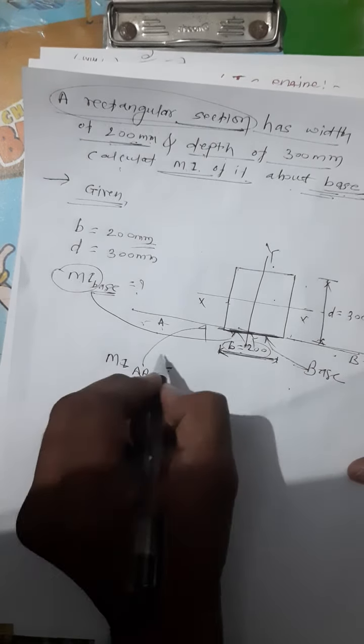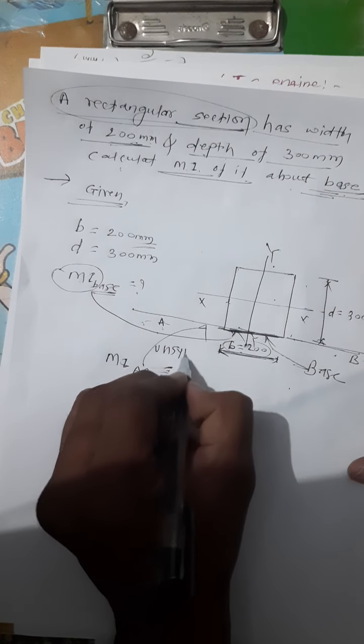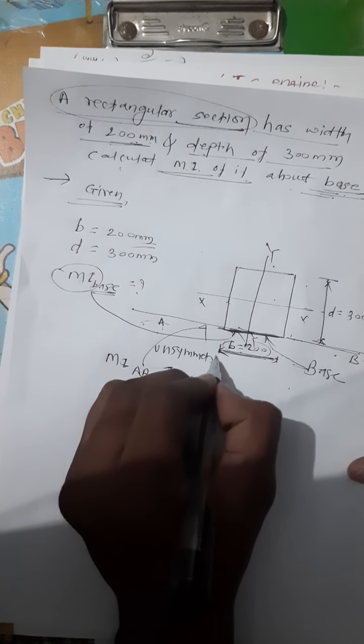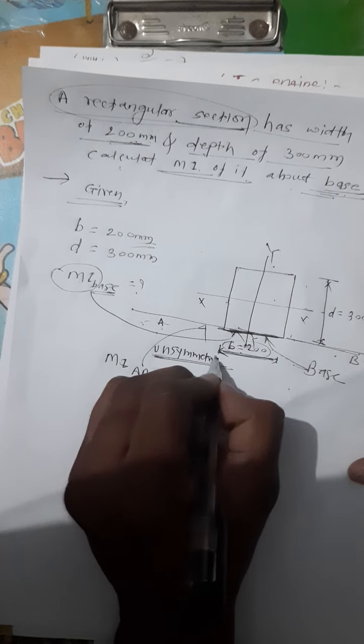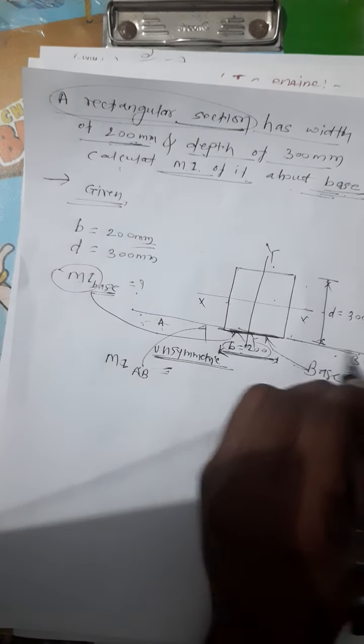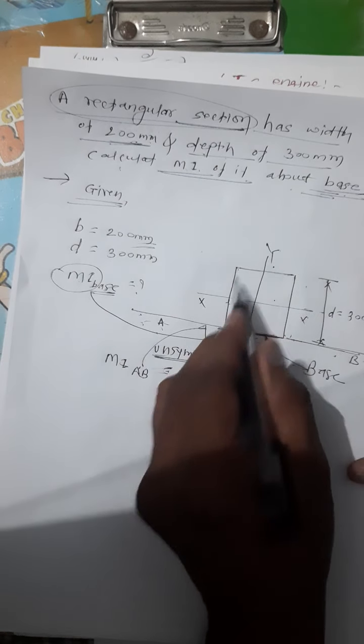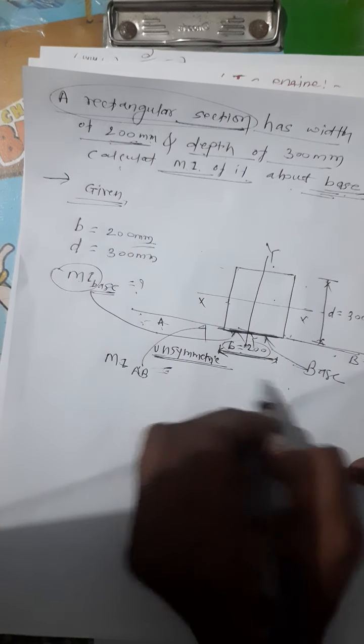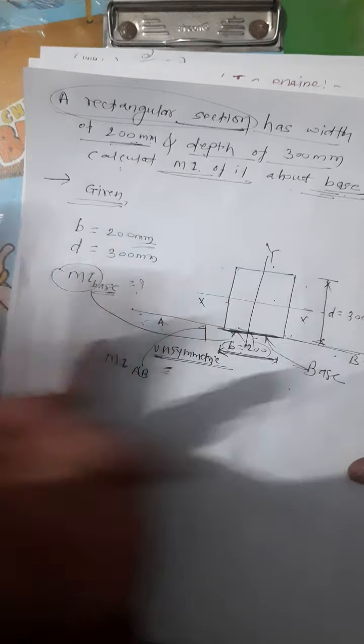It means it is unsymmetric. This is an unsymmetric axis, unsymmetric edge, unsymmetric base, because above this base we have a rectangular shape, but below this base we don't have a shape.